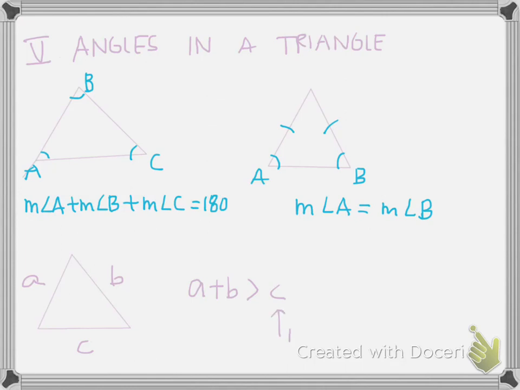C was the largest side. So remember, to be a triangle, that is one thing that has to be true. Perimeter, remember, is all the outside sides added together.